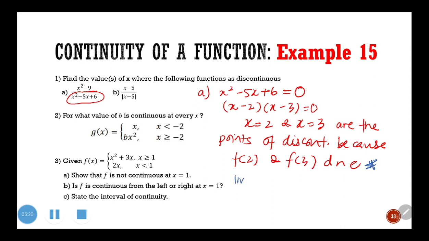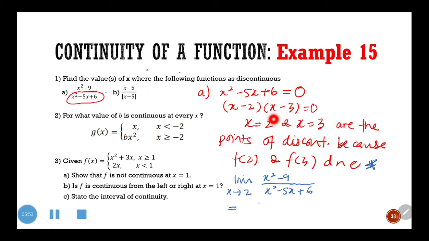Let's just find the limit of this function, x squared minus 9 over x squared minus 5x plus 6, as x approaches 2, for example. For limits, the first thing you try is to put in the value. So what will you get if you put 2 inside, class?